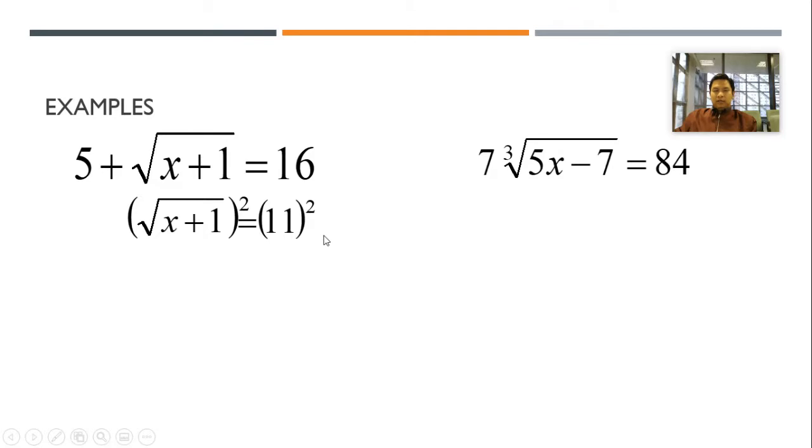And here, this allows us to get rid of the radical by squaring both sides of the equation. As you see here, the index is by default 2. So to get rid of that, we square the whole equation. And this allows us to get x plus 1 equals the square of 11, which is 121. Solving further, x is 120. Now we've solved the equation.